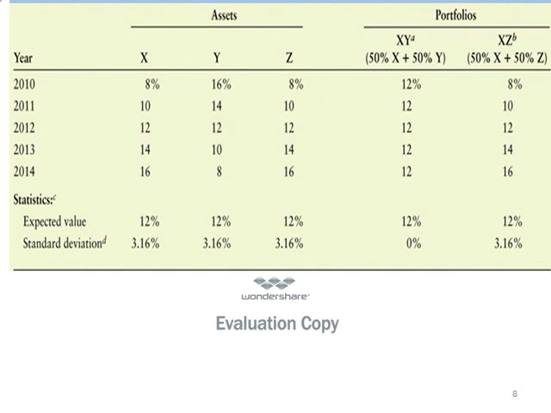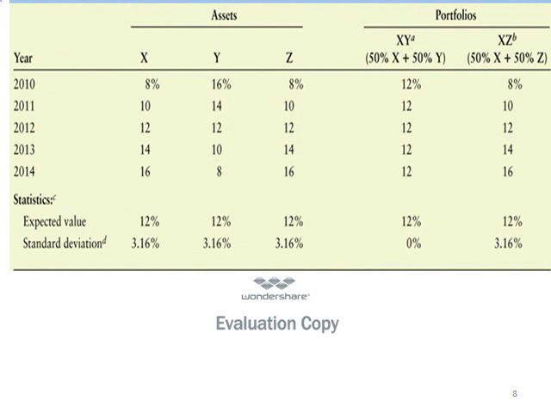To illustrate the impact of diversification on the risk and return, we have an example here. We have three different assets, asset X, Y, and Z, with an expected value of 12% for each, and a standard deviation of 3.16 for each.